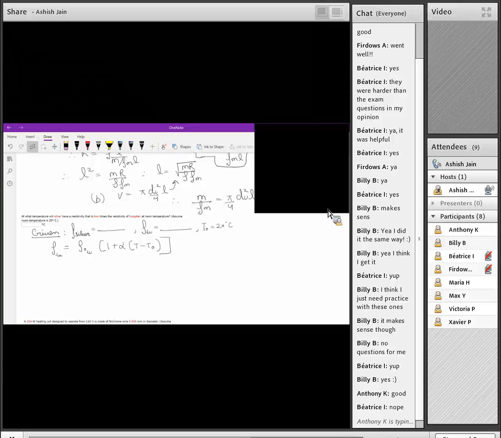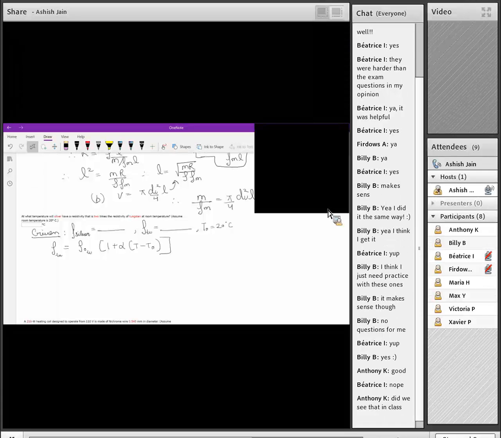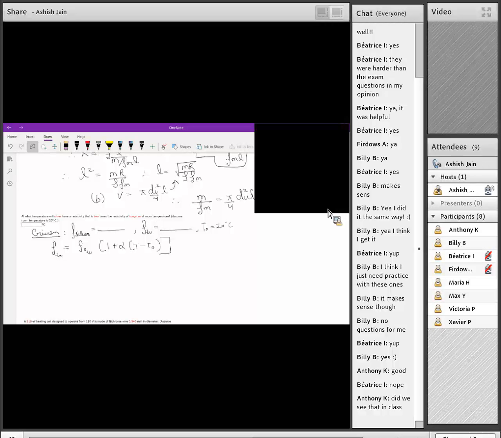If you increase the temperature of a wire or a conductor, the resistivity increases because electrons collide more because of the extra energy they have due to the temperature. The relaxation time between collisions decreases.